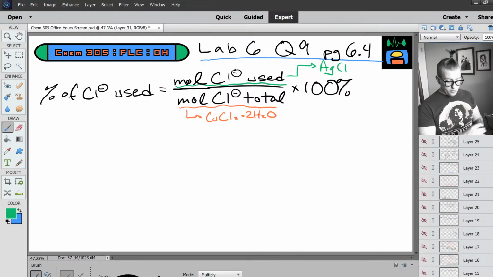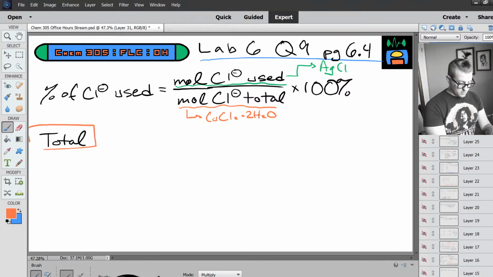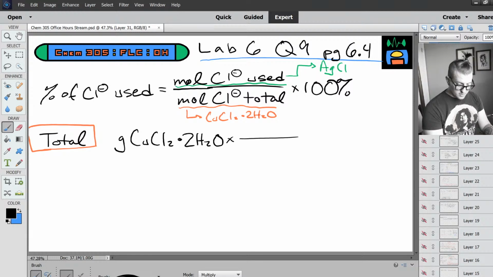So to get your total moles of chloride, you take your grams CuCl2 and convert it to moles.